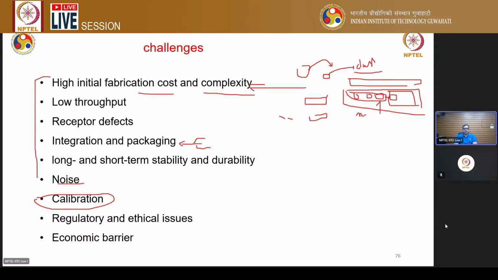You have to take permissions, because you are calibrating against the standard devices which are already in place. So you should be able to answer the regulatory and other ethical challenges. And then the final one is of course the economic barrier.